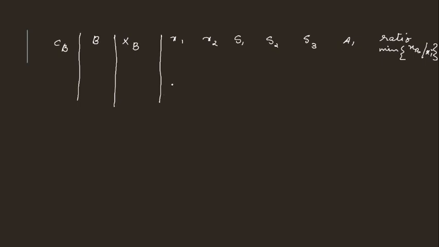CB, B, XB, X1, X2, sorry, there is no X3 over here, S1, S2, S3, A1, and the final is the ratio, or minimum of XB by X. Okay, construct a table like this. You have Cj over here.